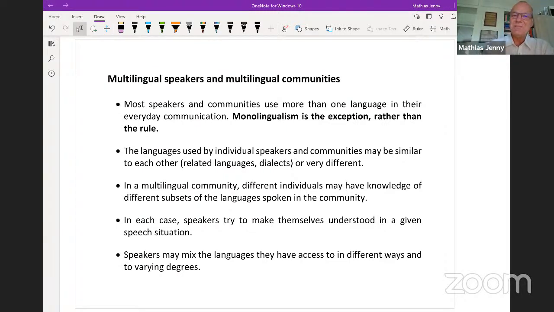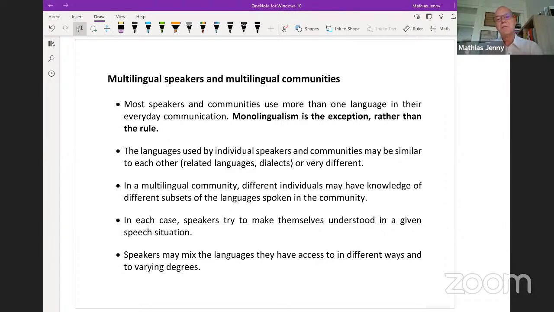The languages that you may use in your communication can be either very similar, varieties or dialects of the same language, or they can be very different. So a person may be exposed to different English varieties, like a British person living in America may speak British English with their parents, but American English while outside.